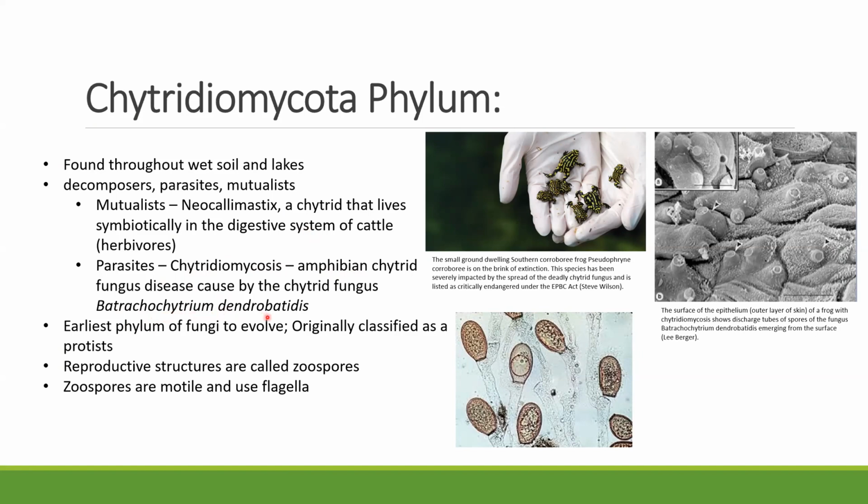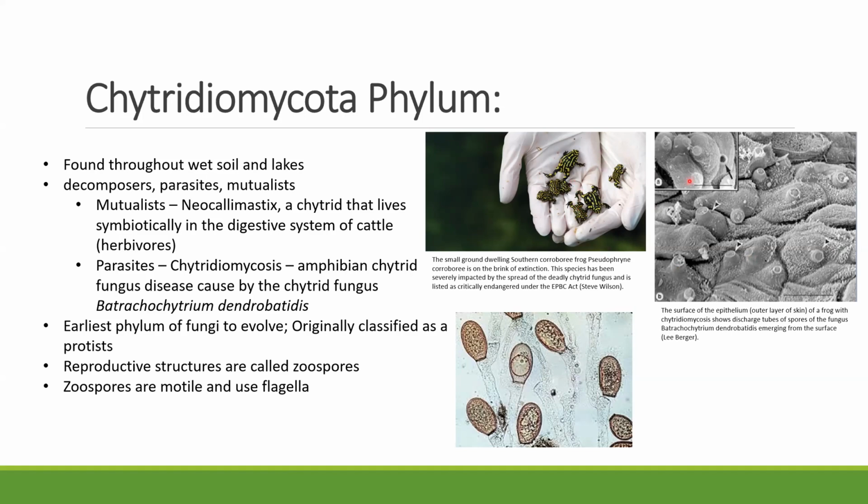That disease is caused by the chytrid fungus Batrachochytrium. And here's just some information on this. This has been affecting the amphibian population since I believe it really came to be known about in the 1990s, and you can see that these are species of amphibians that are critically endangered due to this fungus.